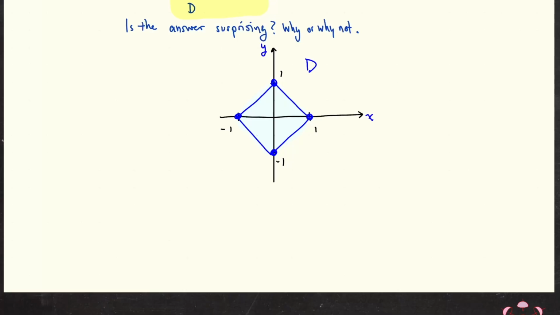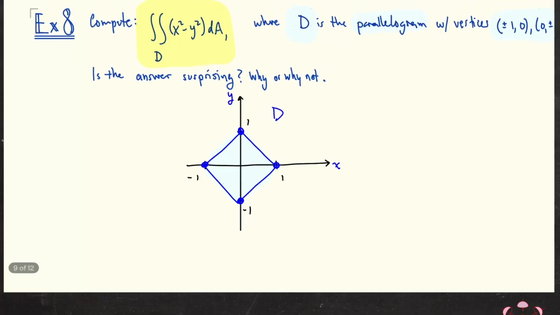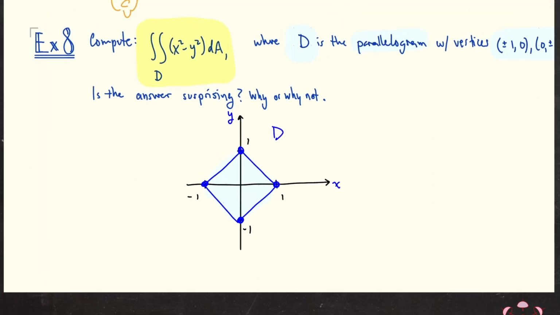So we certainly could cut this up into different chunks and then evaluate this as a type 1 integral. It's not too difficult. We're going to have to do some of the work that we're going to do in this example anyways, but of course, the idea is maybe if we can come up with the right transformation, we can use the change of variables formula to rewrite this as a UV integral, and it makes it easier to calculate.